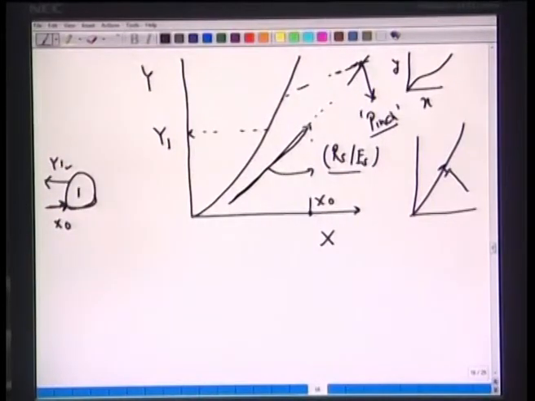Now, let us get back to this. So, we have marked x0 and x1, and so this is x1 here. Now, we say that the y1 stream is in equilibrium with the stream which leaves here, x1. So if we have y1 here, we have now x1 here. So starting from x0, y1, the two leaving streams are in equilibrium.